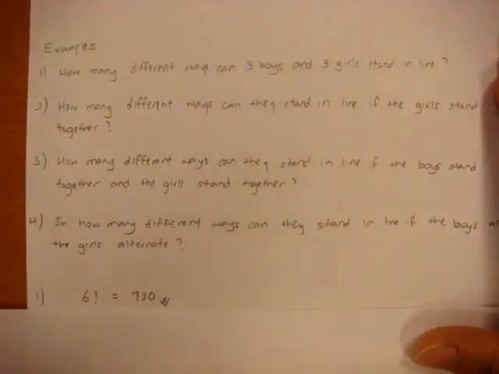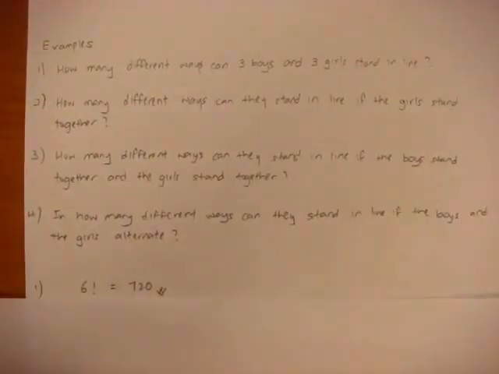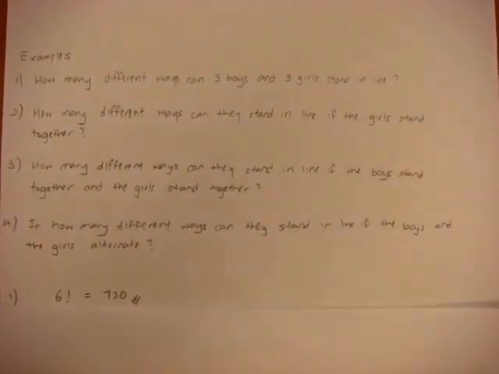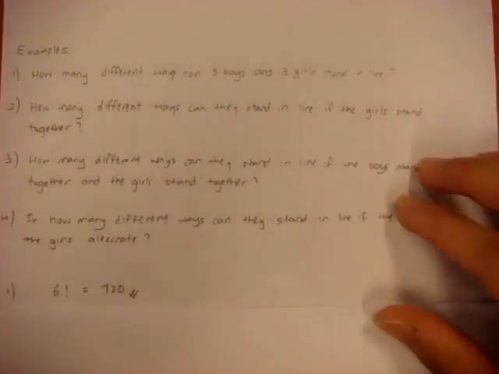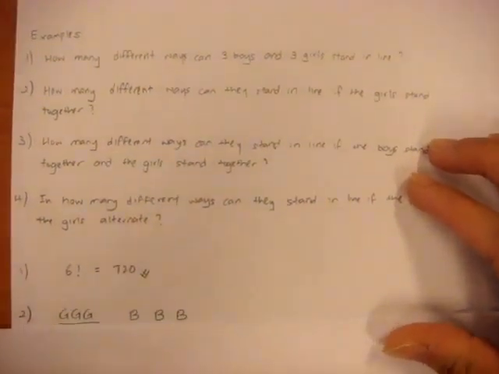Here are some examples. The first question is, how many different ways can 3 boys and 3 girls stand in line? The answer is 6 factorial, which is equal to 720. The second question is, how many different ways can they stand in line if the girls stand together? Let G be the girls and B be the boys.